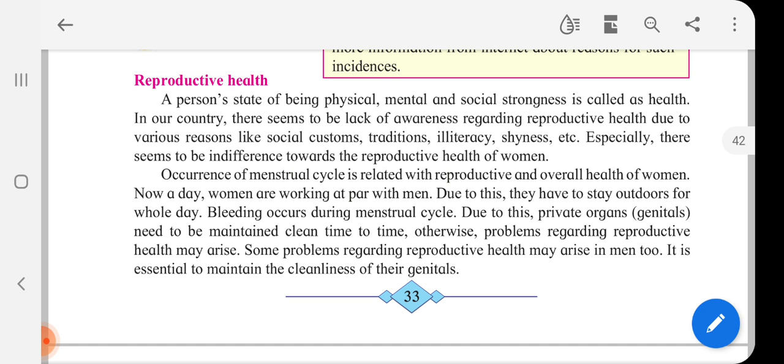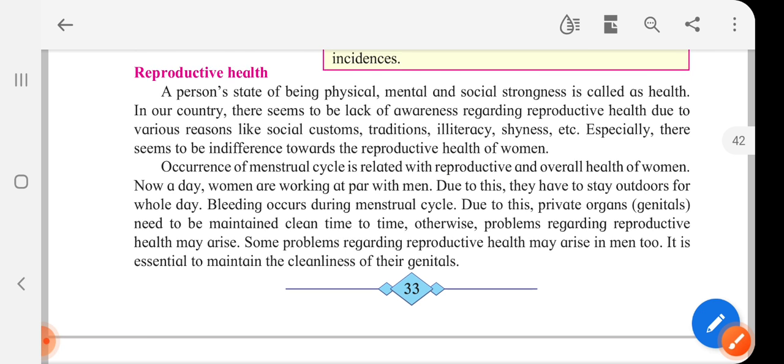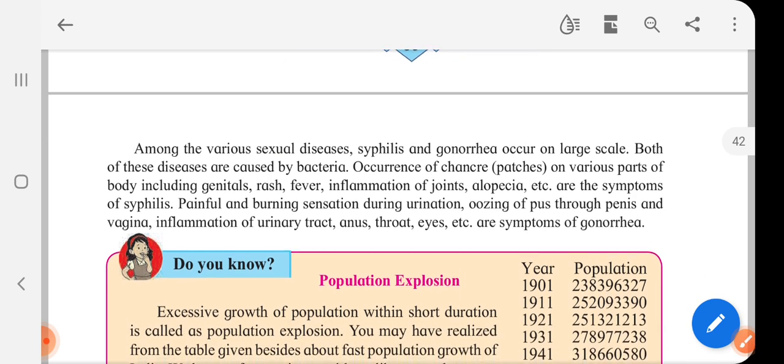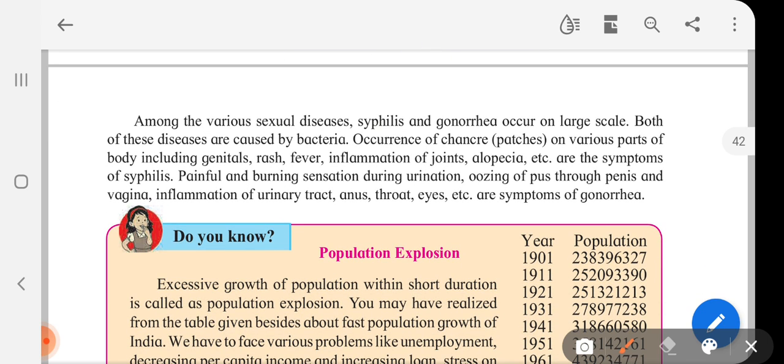So this is how the chapter is finished. We also have some diseases related to it. Among various sexual diseases, syphilis and gonorrhea occur on a large scale. Both diseases are caused by bacteria. Occurrence of patches on various parts of the body including genitals, rash, fever, inflammation of joints, alopecia, etc. are the symptoms of syphilis.